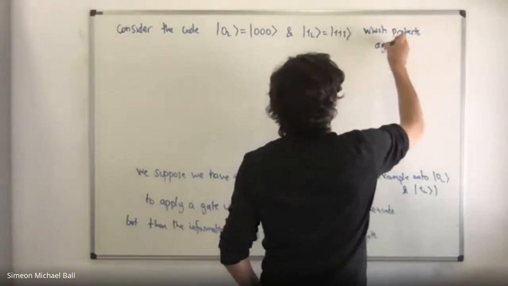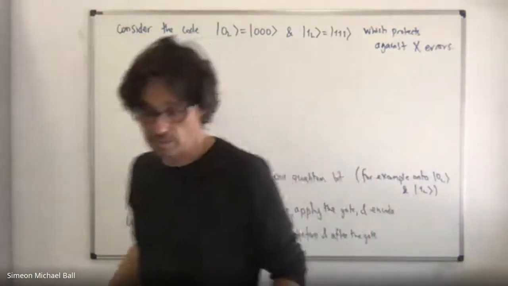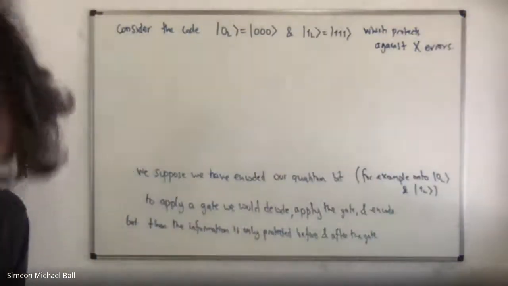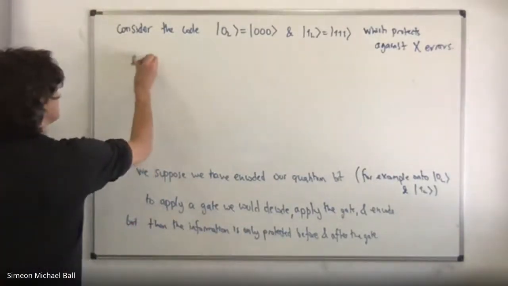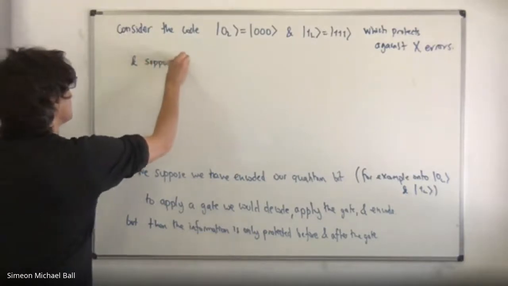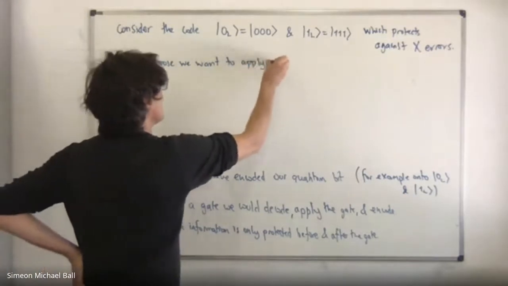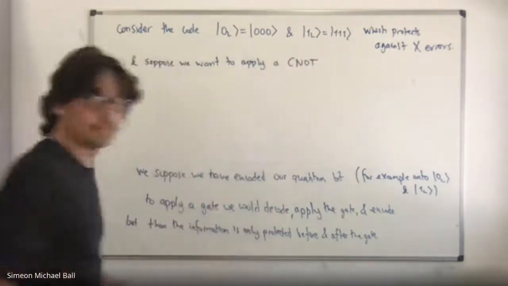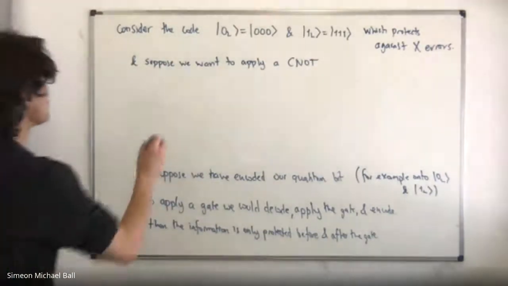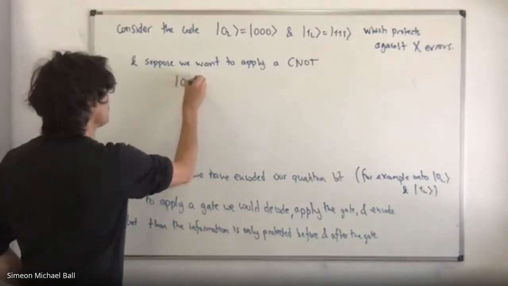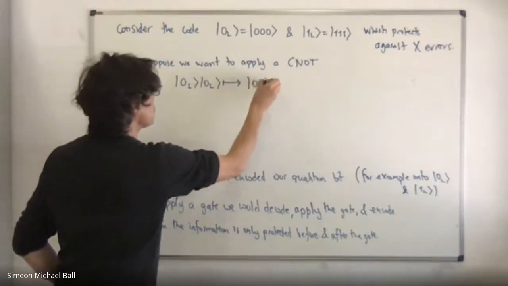But in a minute we'll see a bigger example which protects against all Paulis and therefore the continuum of all errors. And suppose we want to apply a CNOT. So how would that work? What would a CNOT do? A CNOT would take 0 logical, 0 logical to 0 logical, 0 logical.